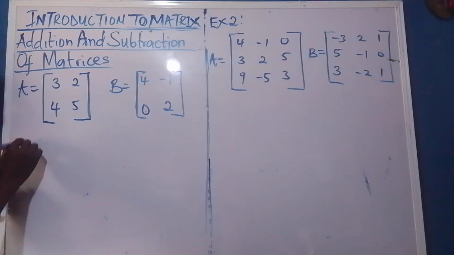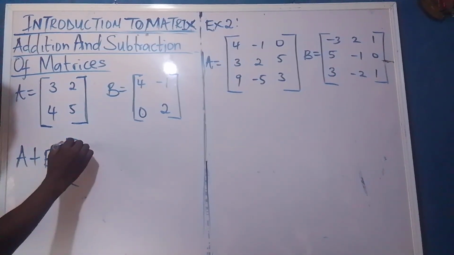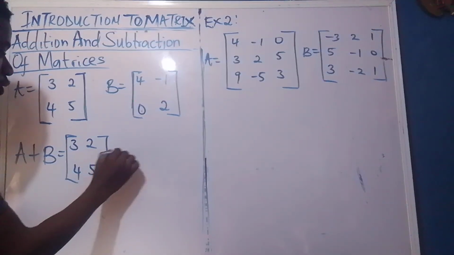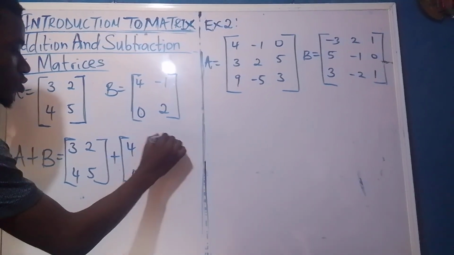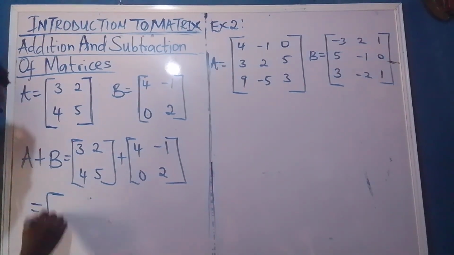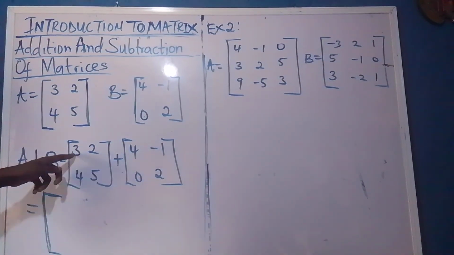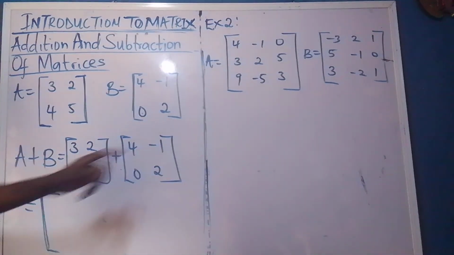Now let's say we have A plus B, and we are to add them. So 3 2 4 5 plus 4 -1 0 2. The idea of addition of matrices is that you add the first number with the first number of the second one, the second number with the second number of the second one.